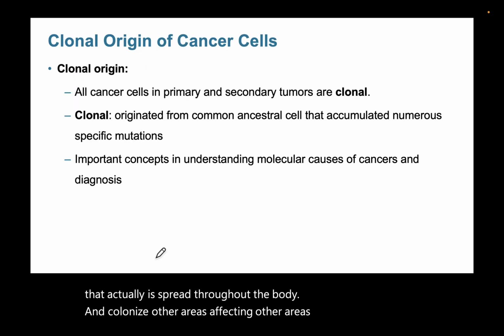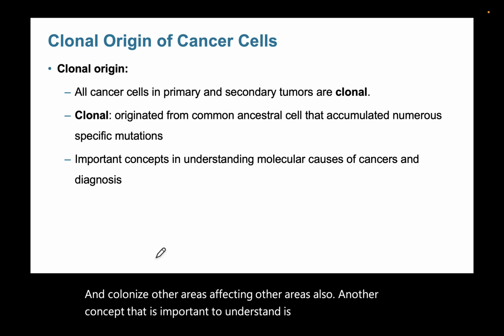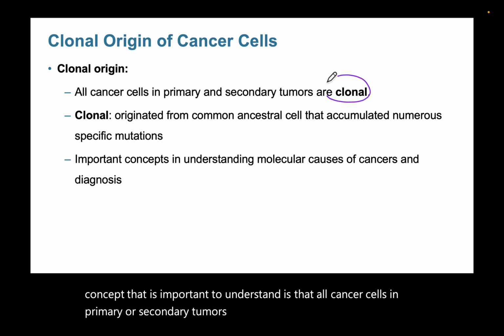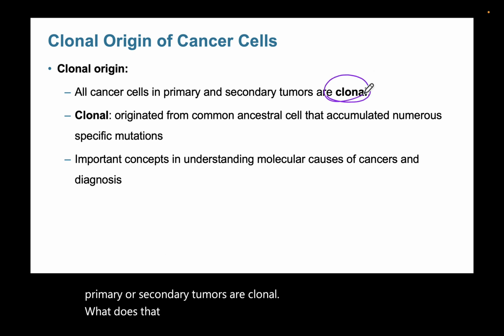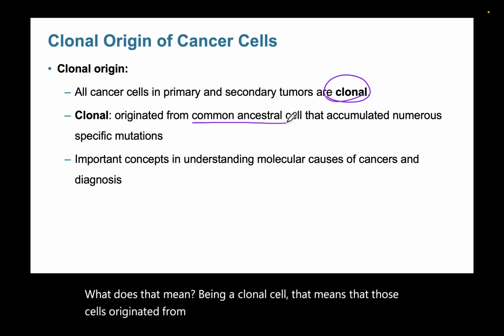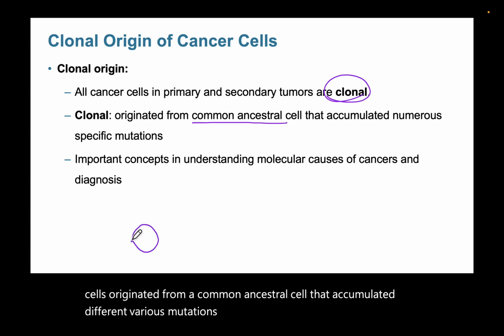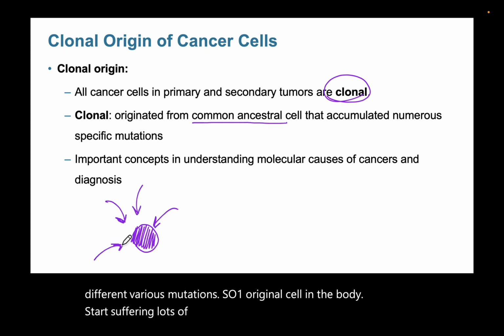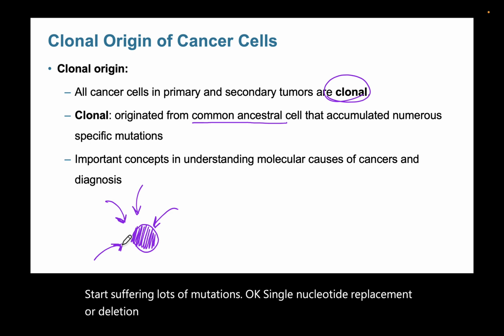Also, another concept that is important to understand is that all cancer cells in primary or secondary tumors are clonal. What does it mean, being a clonal cell? That means that those cells originated from a common ancestral cell that accumulated various mutations. So one original cell in the body starts suffering lots of mutations, okay? Single nucleotide replacement or deletion, rearrangement of gene sequences.